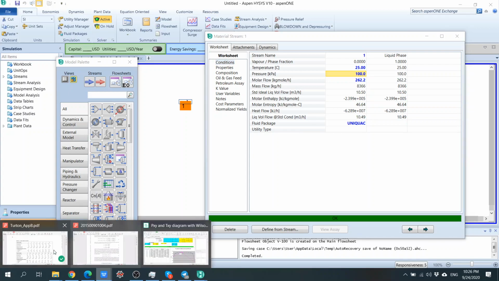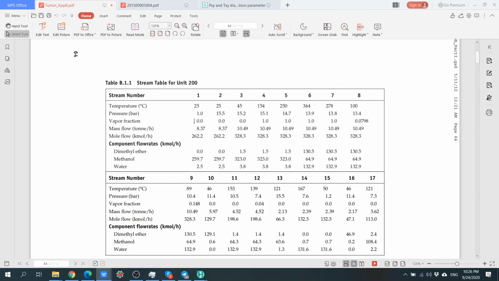If we follow your advice, select the pressure and then set the vapor fraction to 0, you will get a temperature of 64 degrees C, which is the saturated liquid. So it doesn't match the data that we have, because we need 25 degrees C and 1 bar, which corresponds to the subcooled liquid.